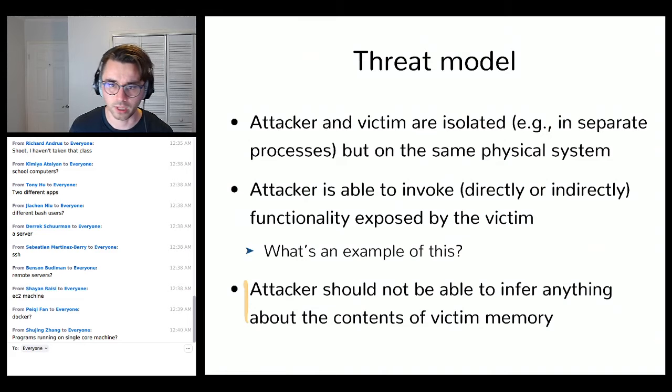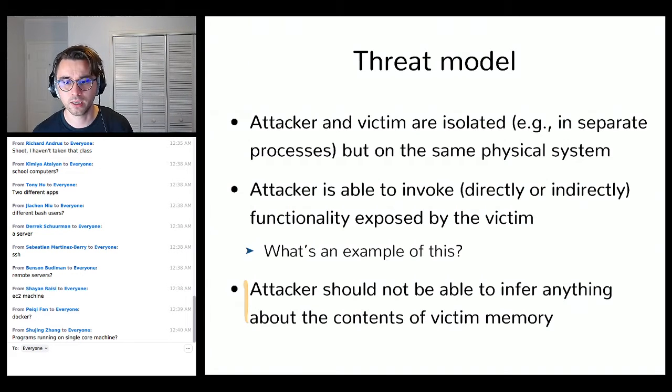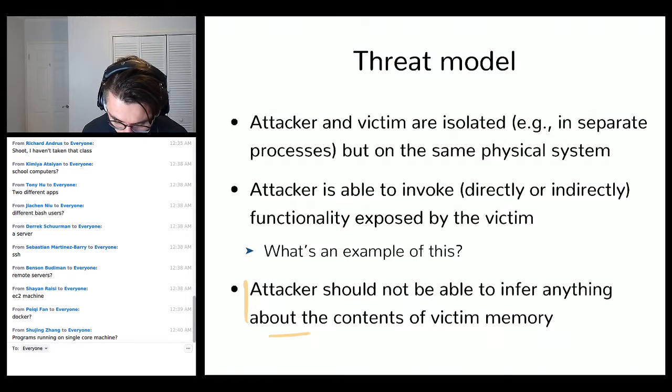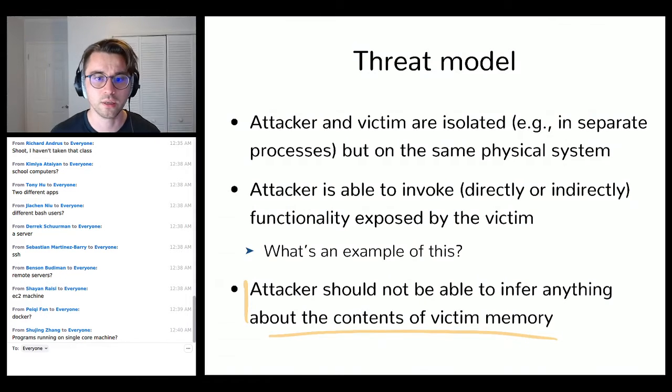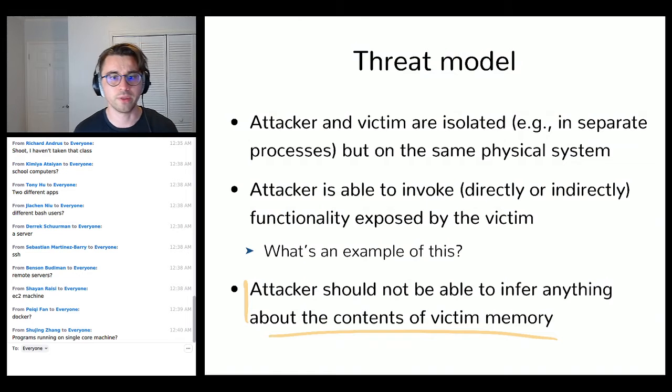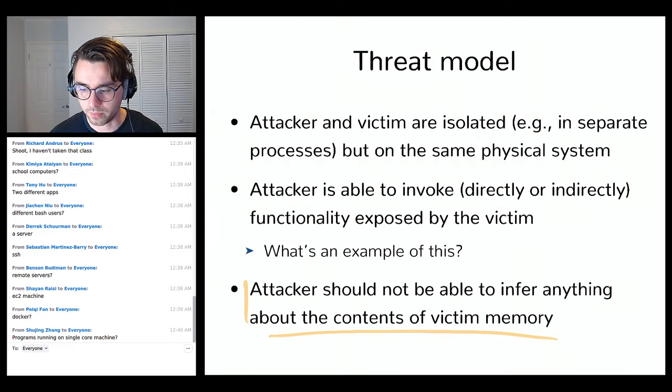Our hope is that the attacker shouldn't be able to infer any contents about the victim memory. We're hoping that virtual memory gives us this, or if we're within the same process, something like WebAssembly or other software-based techniques will ensure that you can't, as the attacker, directly access somebody else's memory.